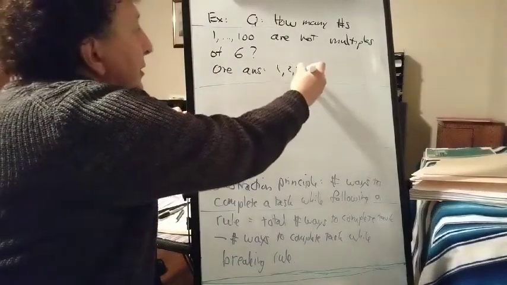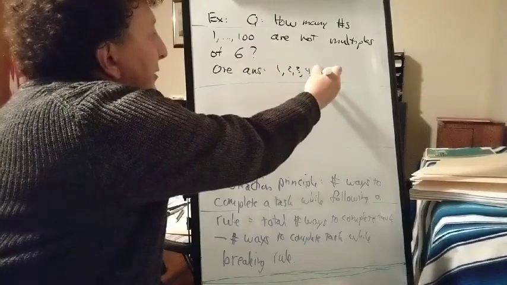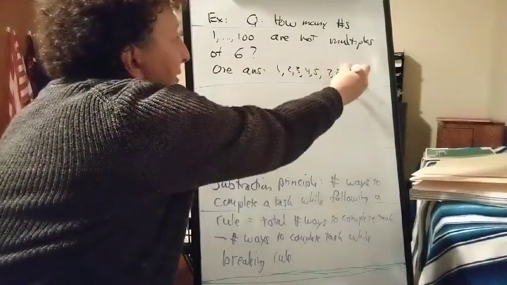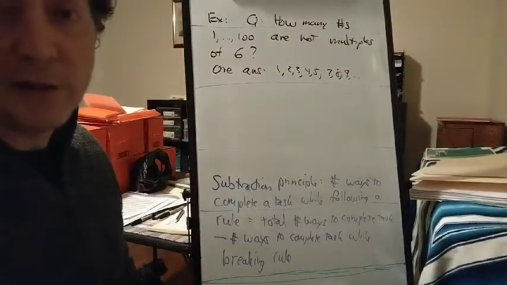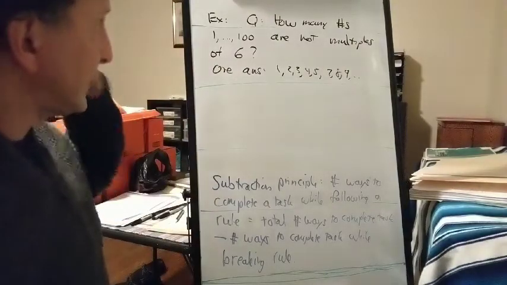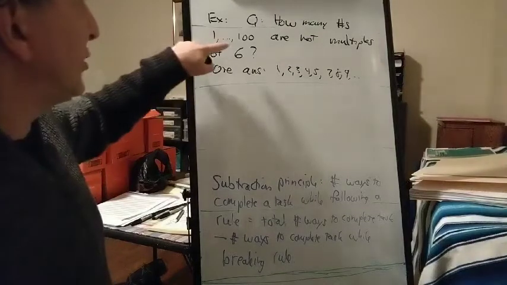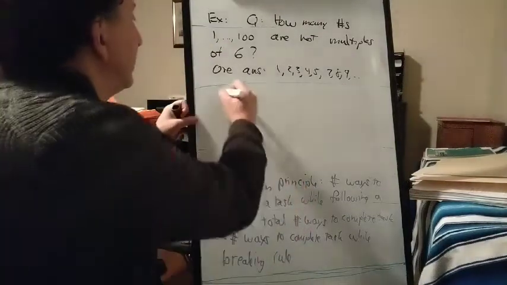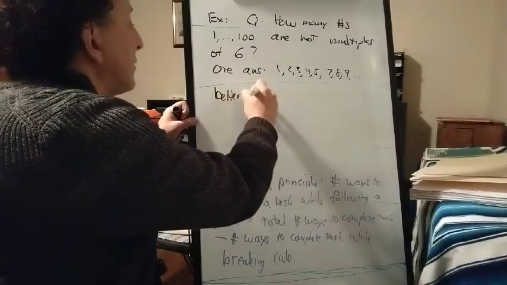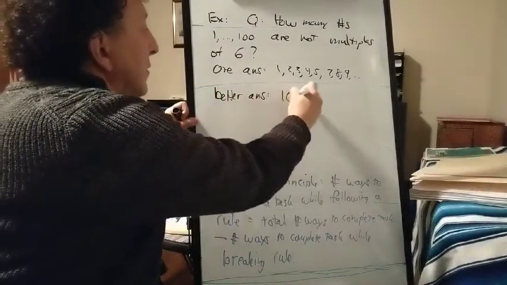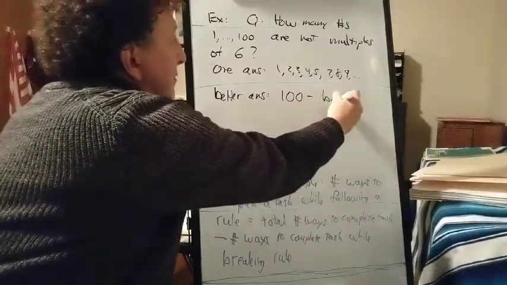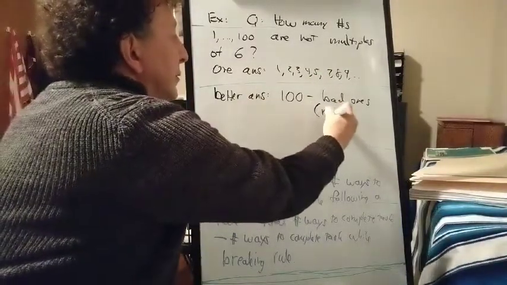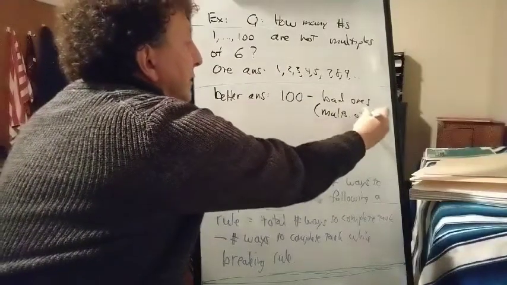One, two, three, four, five, skip 6, 7, 8, 9, etc. That would be sort of a long and tedious way to answer the question. It's better to just say 100 minus the ones that are multiples of 6. So 100 minus the bad ones, multiples of 6.